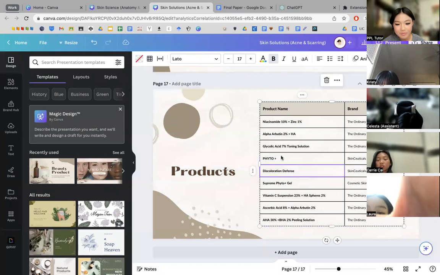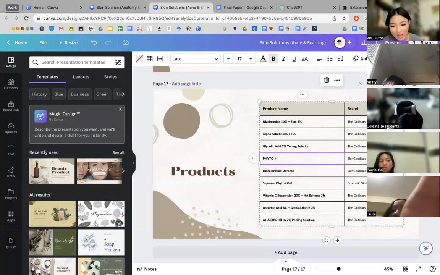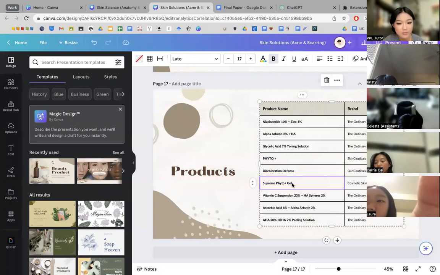I haven't really used any of these myself, but I've heard some great things. And we have the Supreme Photo Plus Gel, and this one just really helps with brightening and all of that. It's a more calming, more cool alternative to the serum forms that you see above here. So these are all serums. Every single one of these are serums except for this gel.